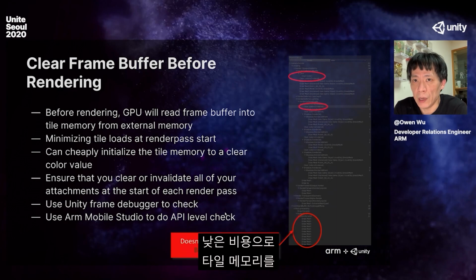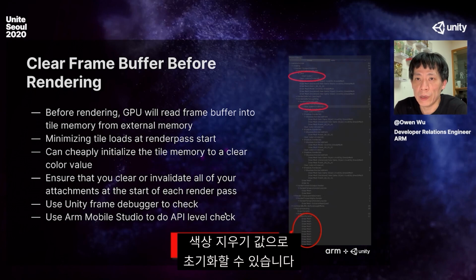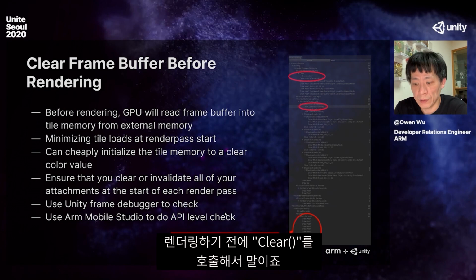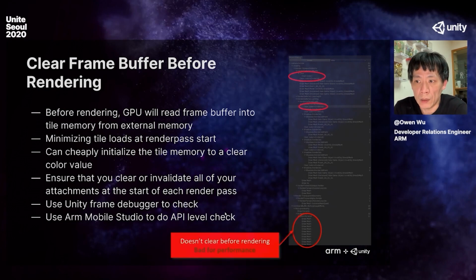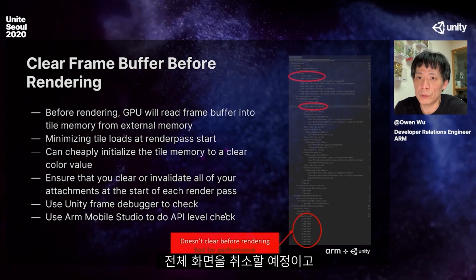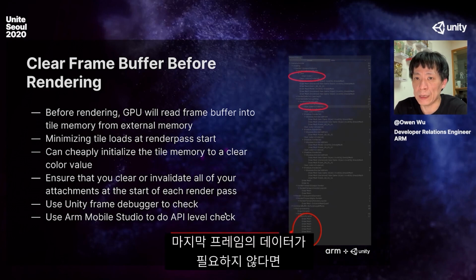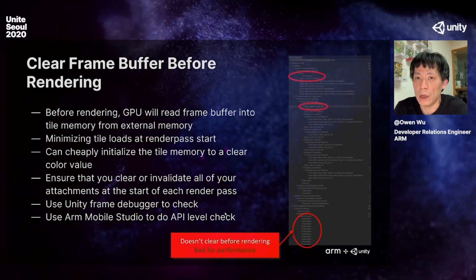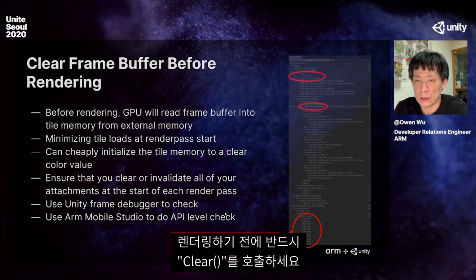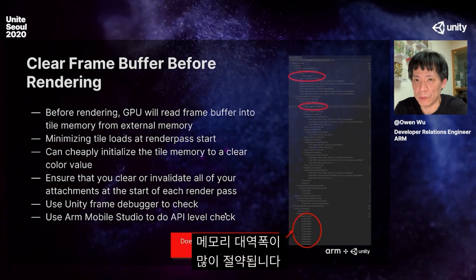You can cheaply initialize the tile memory to the clear color value by calling clear before rendering. So if you know you are going to redraw the whole screen and you don't care about the data of the last frame, please remember to call clear before rendering. Then it will save you a lot of memory bandwidth.